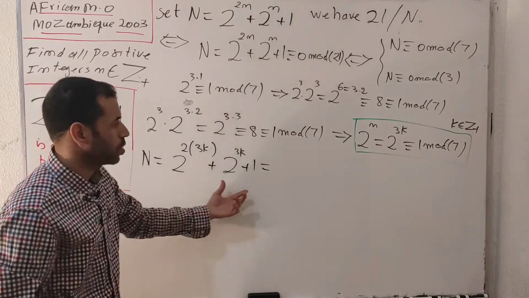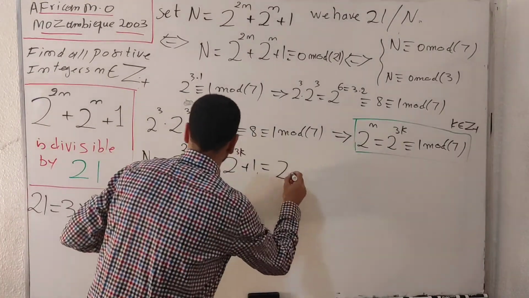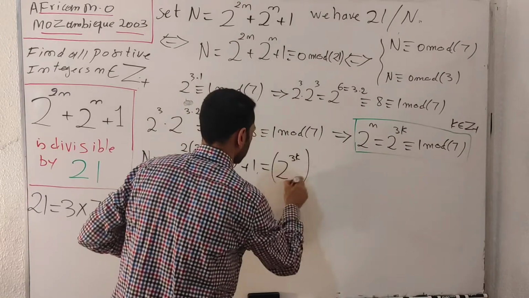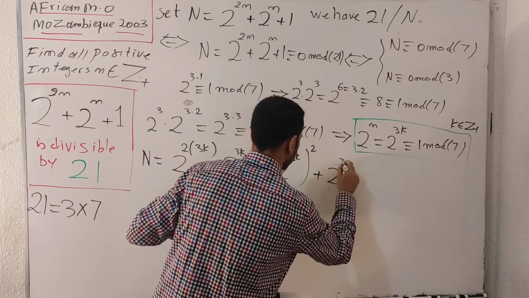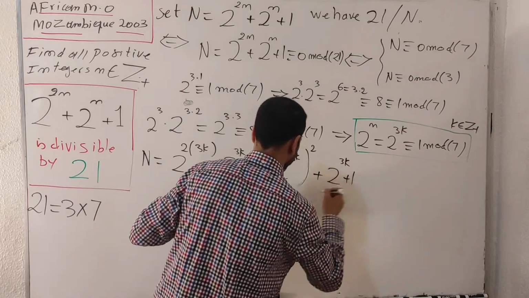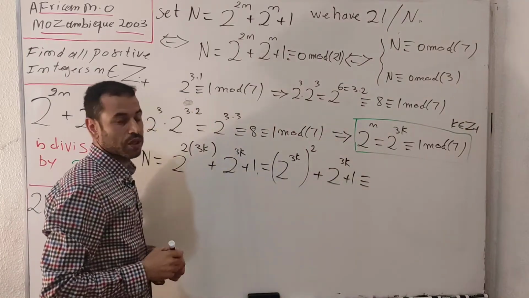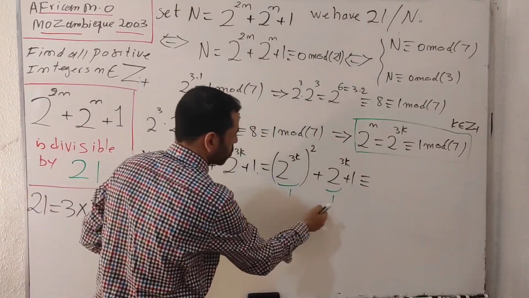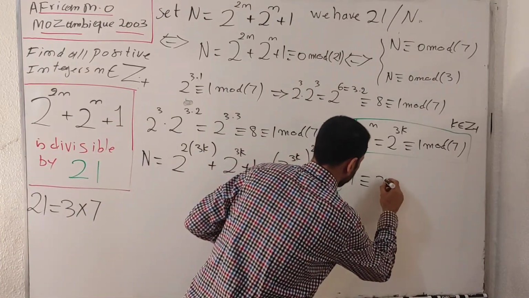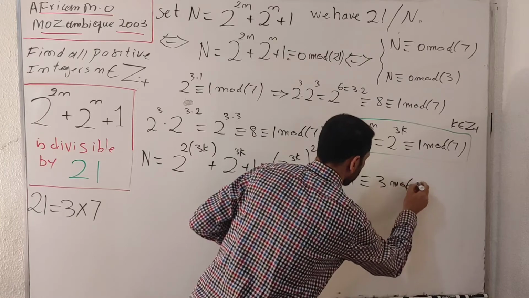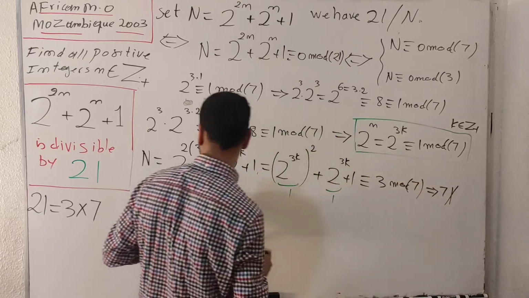I'm going to reduce this to mod 7, writing it as (2 to the 3k) squared plus 2 to the 3k plus 1. Reducing mod 7, each 2 to the 3k is congruent to 1, so in total I have 1 plus 1 plus 1, which is congruent to 3 mod 7. So 7 does not divide this capital N.